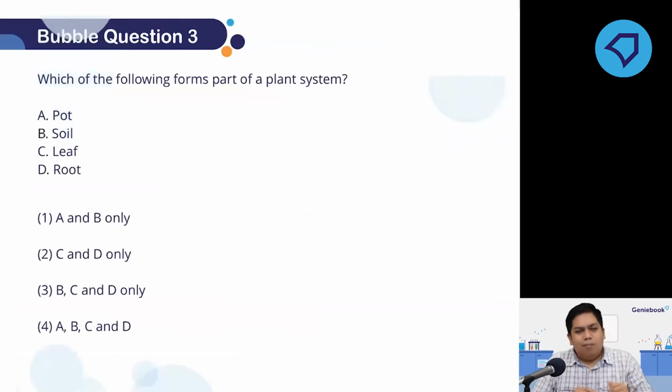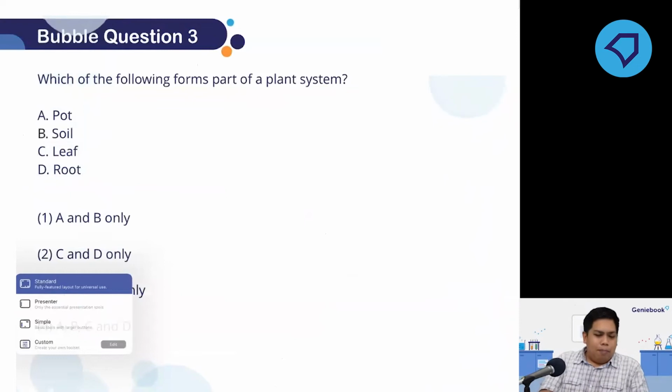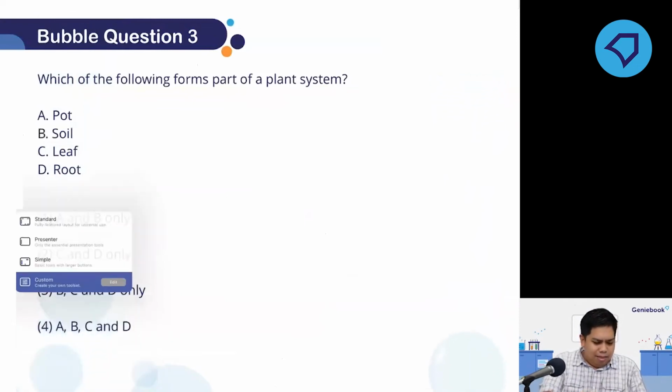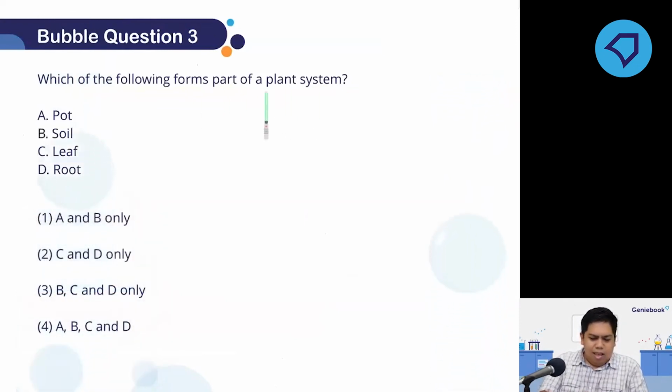So next bubble question. This one is pretty easy. So I will start the timer immediately now because it's quite easy. In 3, 2, 1. Which of the following forms part of the plant system? Okay, forms part of a plant system. So we have pot, soil, leaf, and the roots. Very simple.